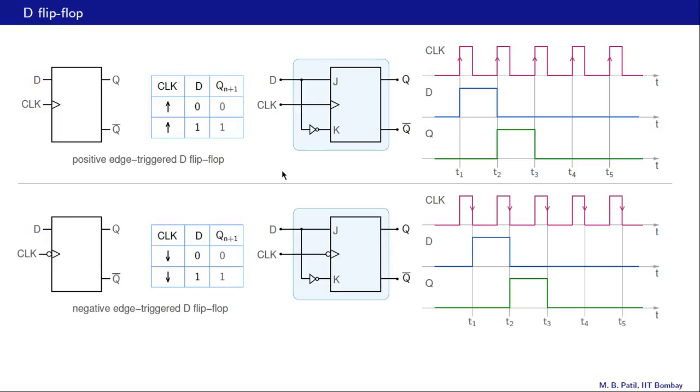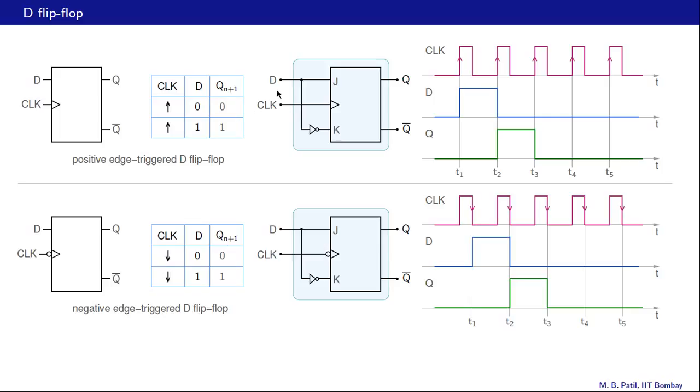And keeping this equivalence in mind between the D flip-flop and the JK flip-flop, it is easy to figure out the transition table for the D flip-flop. Let us consider D equal to 0 first. What does that mean? That means J is 0 and K is 1, and that means after the active clock edge, Q is going to become equal to 0, and that is what it says over here.